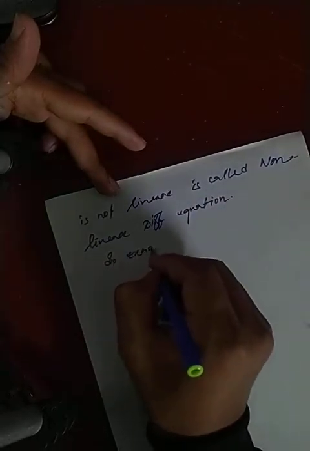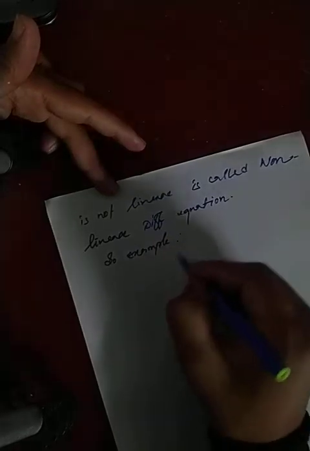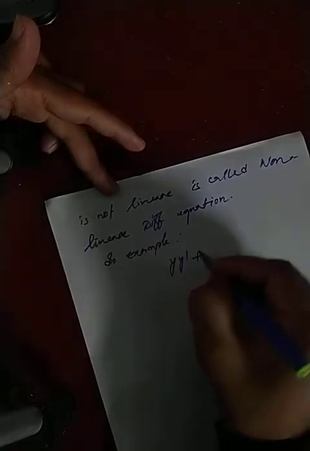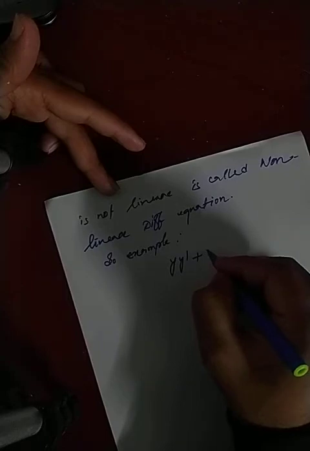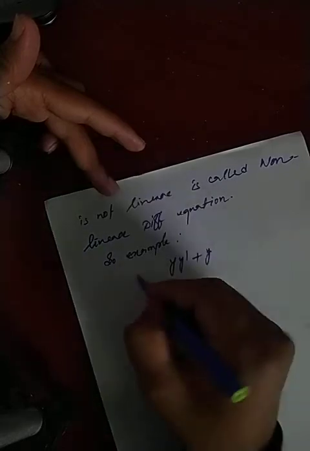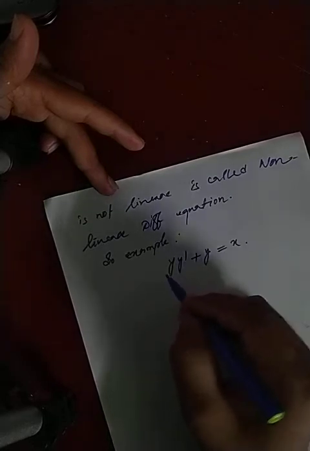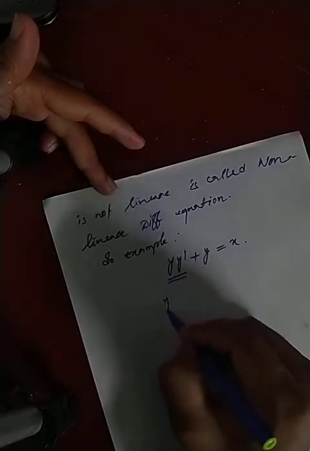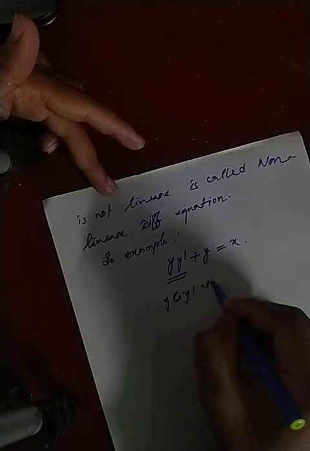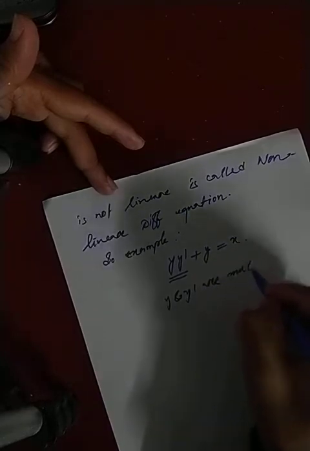For example, y dash plus y equal to x, because y and y dash are multiplied together.